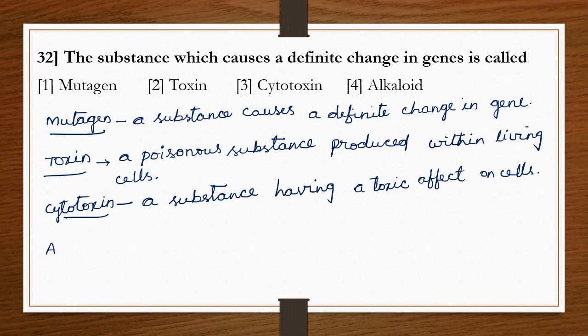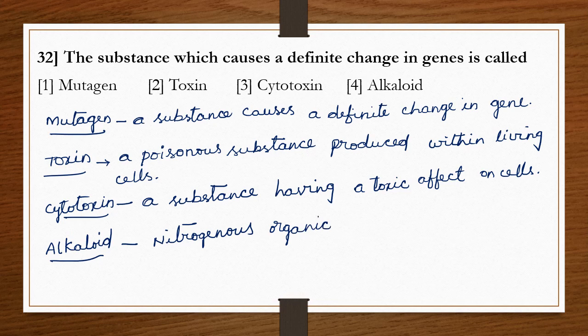Alkaloid. So a group of nitrogenous organic compounds of plant origin is called alkaloid.